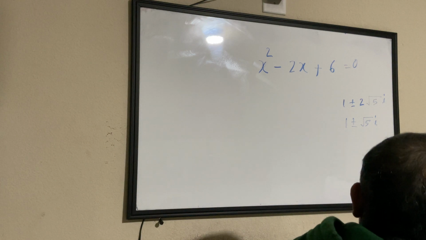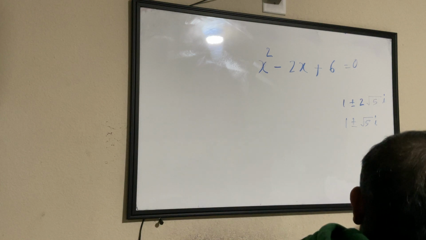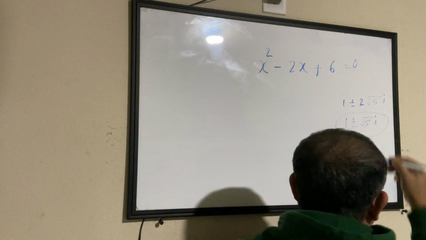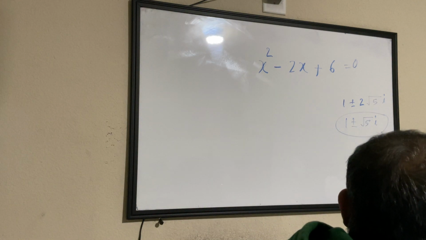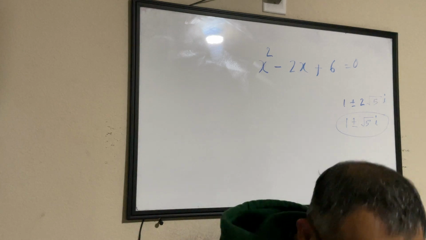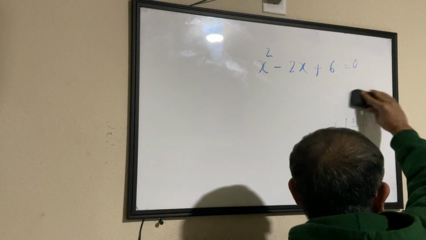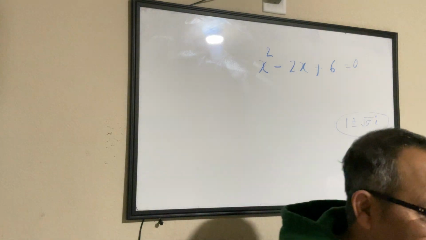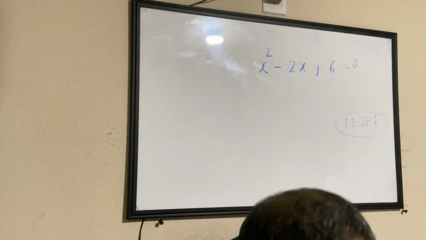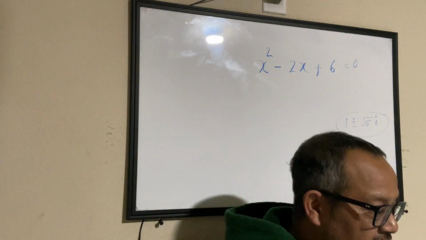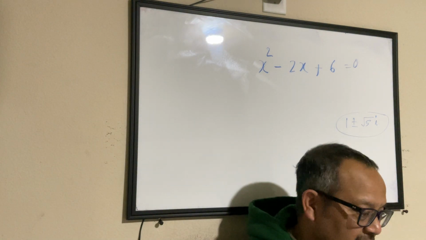I forgot to cancel out the 2's. So it's the same thing as she said, 1 plus minus square root 5i. Okay. Right now we have only one solution, and this is where we witness the beauty of review. When Chris reviewed his own answer, he found where he had an opportunity to fix. Good. So that's a takeaway.